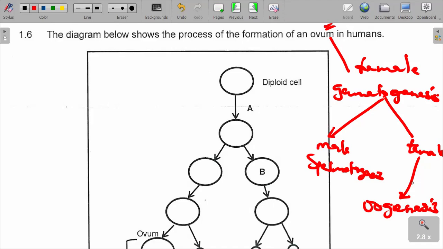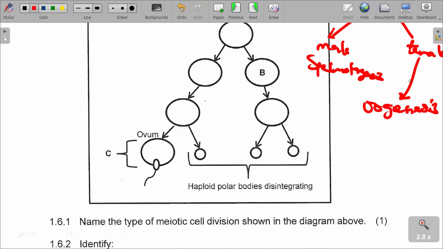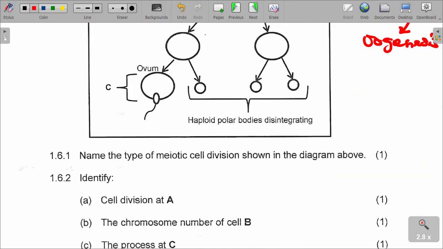Now the question is looking at the process of cell division shown there, which results in the formation of the ovum. And then we have the haploid polar bodies disintegrating that are shown there. At the end of the day, they are dying.